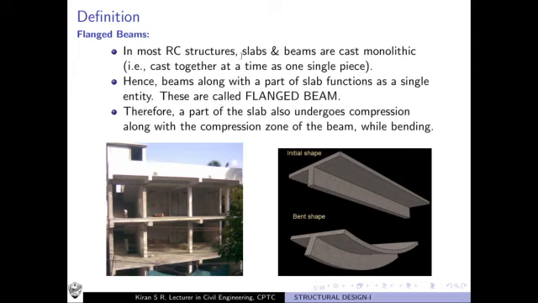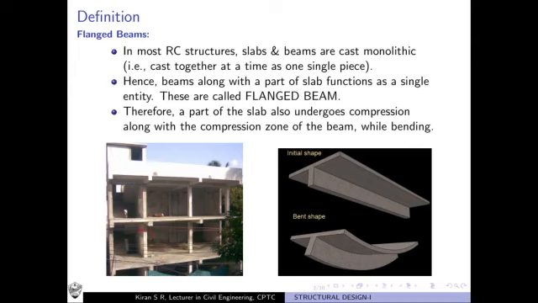In most RC structures, we say that the slabs and the beams are cast monolithic. That is, the slab is cast alongside beam, they are cast simultaneously. And don't you think that the slab and the beam behaves as a single structural element?